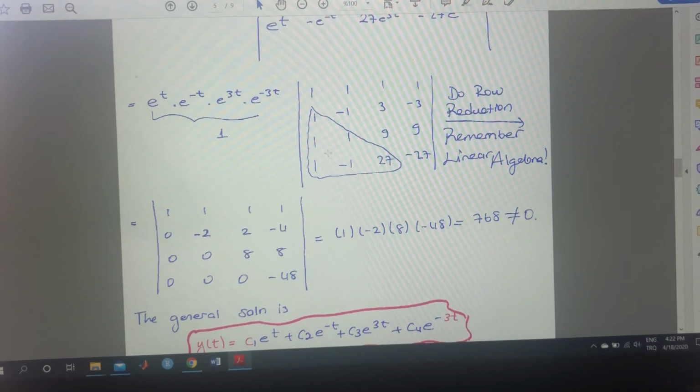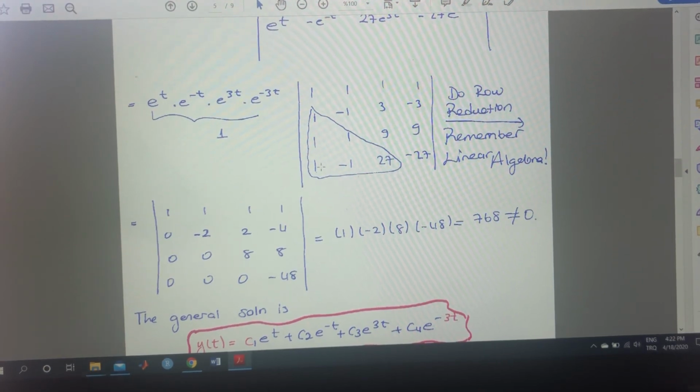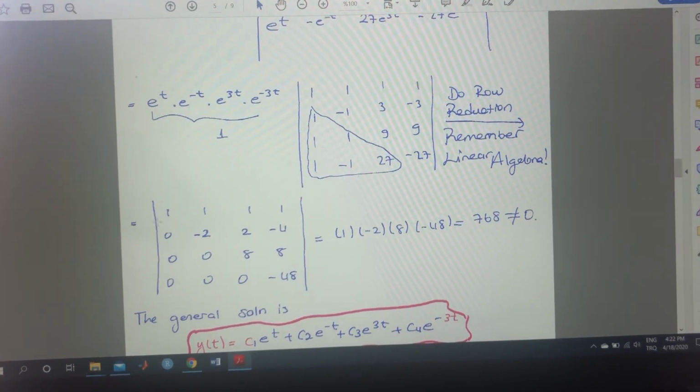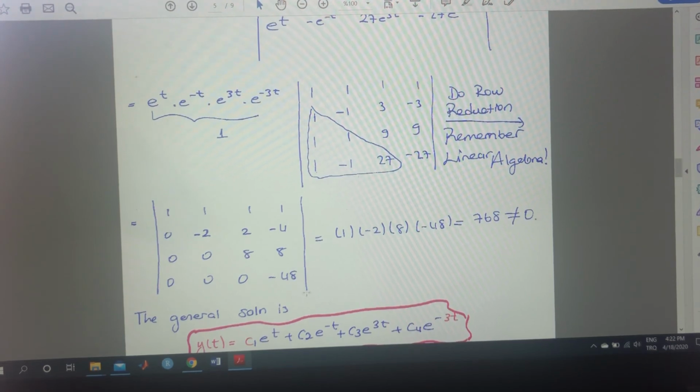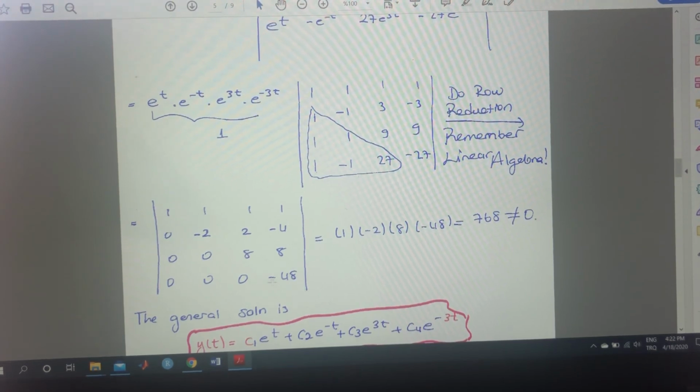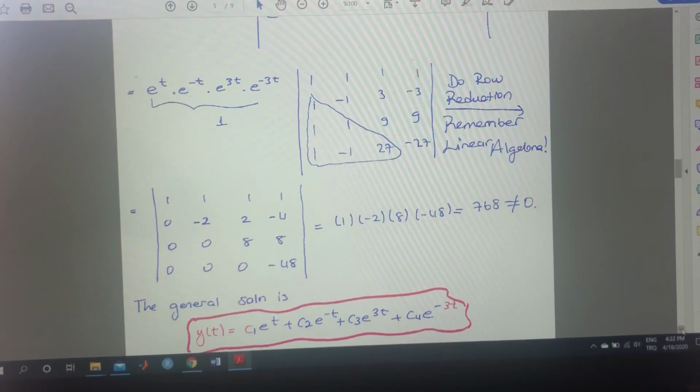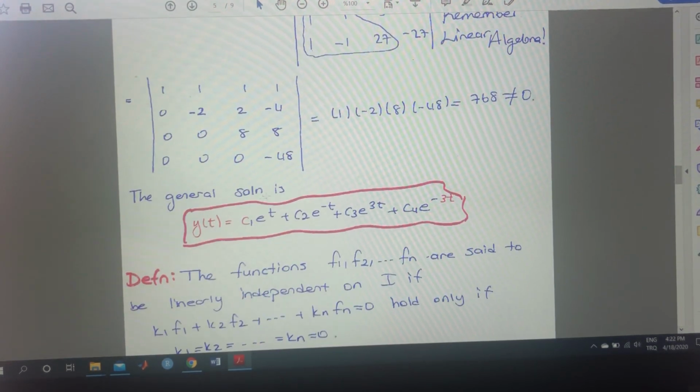Make sure that you are doing that, because you will be doing that in the exam. And here, since this is a triangular matrix, the determinant will be just the multiplication of these diagonal elements, and since this is 768, this is not 0, so they form a fundamental set of solutions, and the general solution will be the linear combination of these 4 solutions.